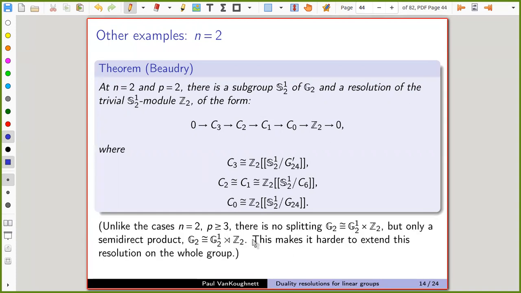Okay, this is harder than the cases of larger primes. One of the things that makes it harder is that G2 at the prime 2 splits just as a semi-direct product, not as a direct product. And so it's less clear how to extend this to the whole group. And this resolution also has some other kind of interesting features, which I might mention later.